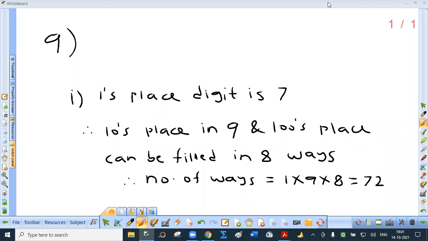Between 100 and 1000, we have all 3-digit numbers, and we can use the digits 0, 1, 2 up to 9.